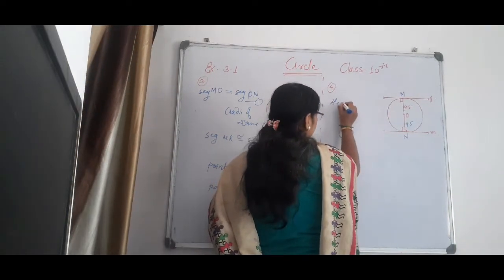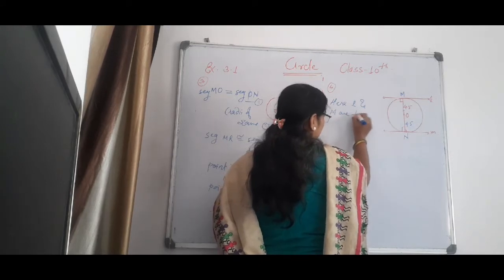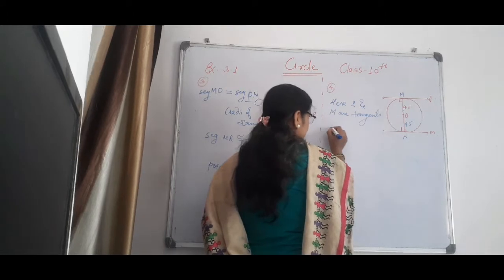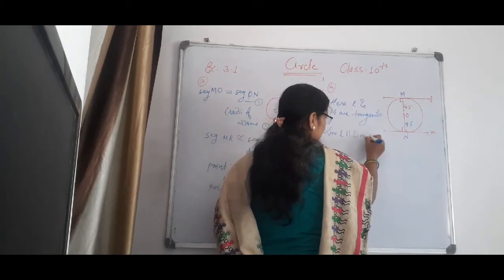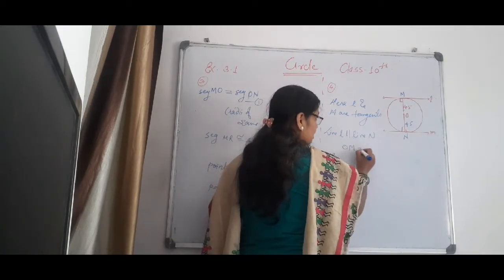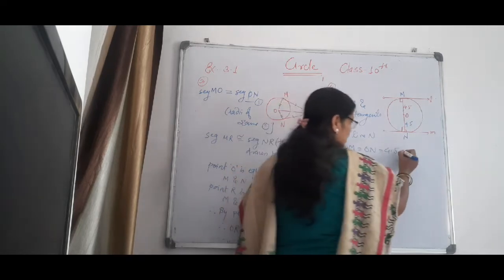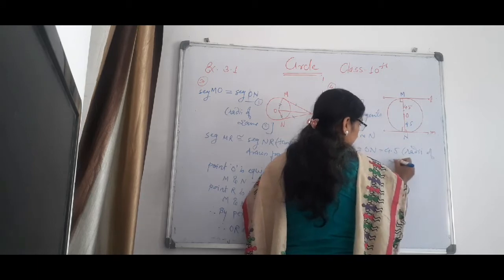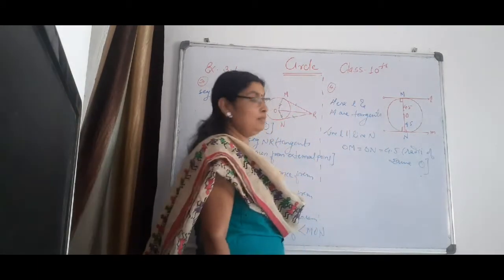So what you have to write down first here? L and M are tangents. And these tangents, line L is parallel to line M. And then OM is equal to ON is equal to 4.5. These are the radii of the same circle.